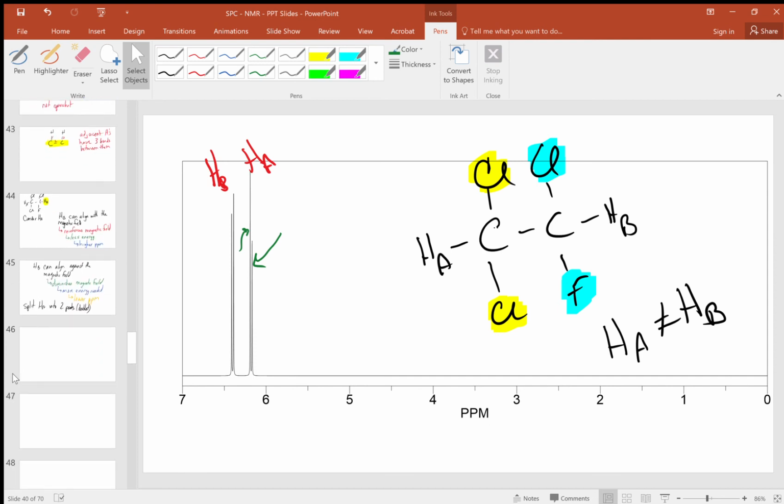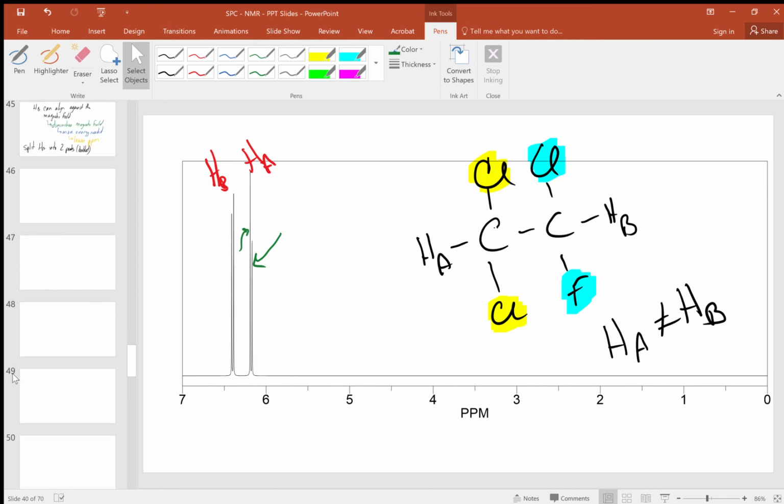So overall, what's going on here is that in proton NMR, a hydrogen's peak can be split into multiple peaks by what's next to it. Why didn't we see this for carbon NMR?